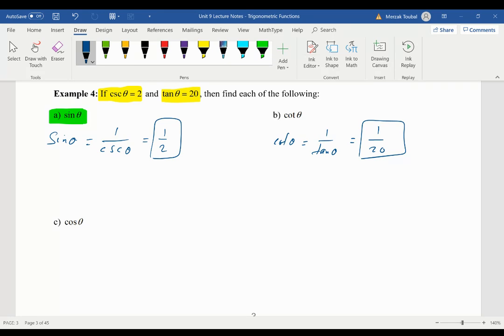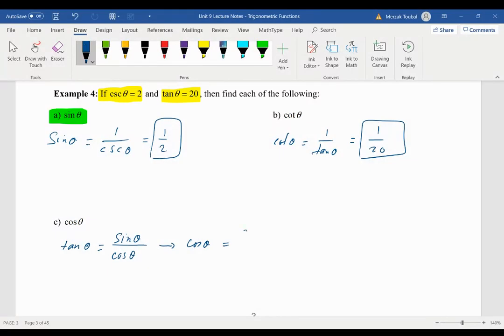So we know that tangent theta is sine theta over cosine theta. From this equation, we can solve for cosine of theta.